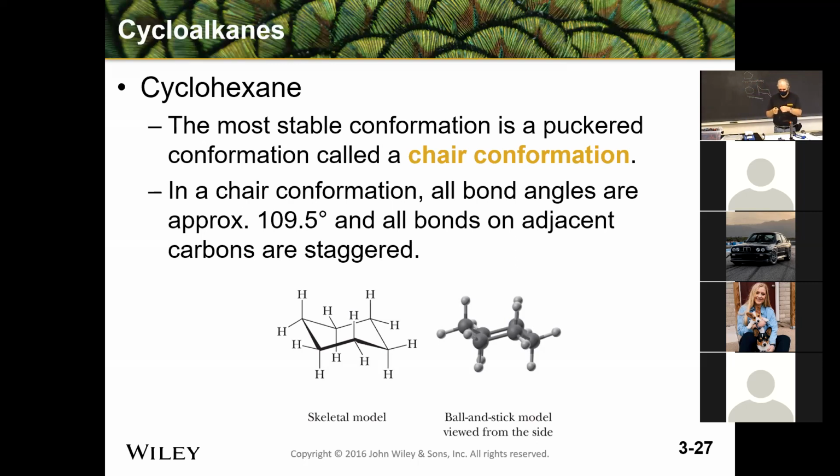in cyclohexane, the six-membered ring, it's actually very unfavorable to have all six carbons in the same plane.